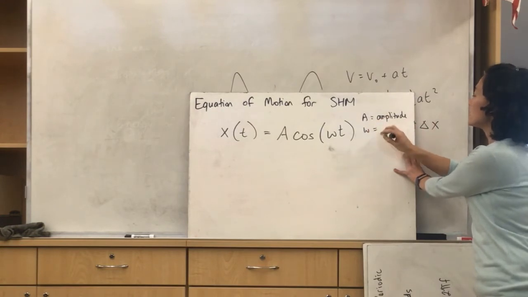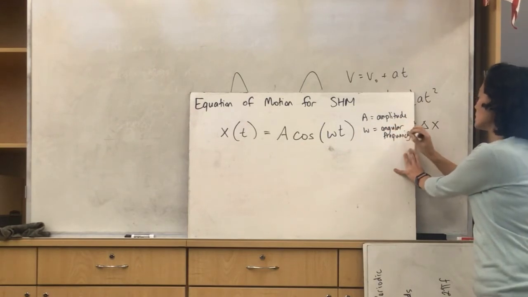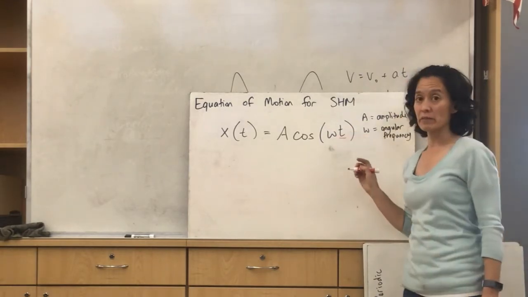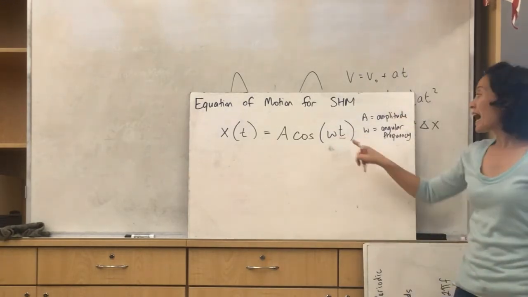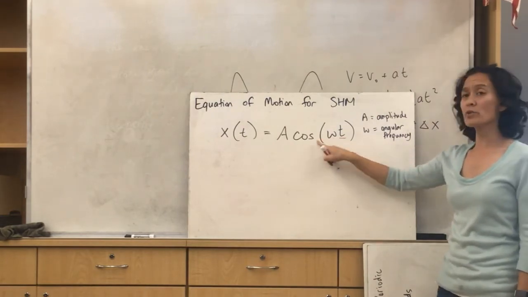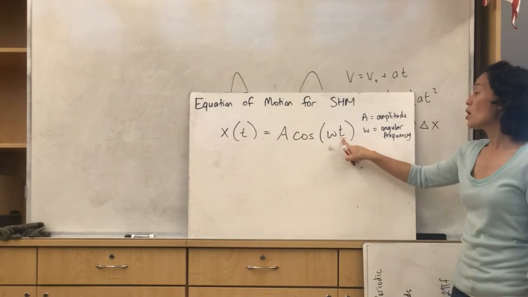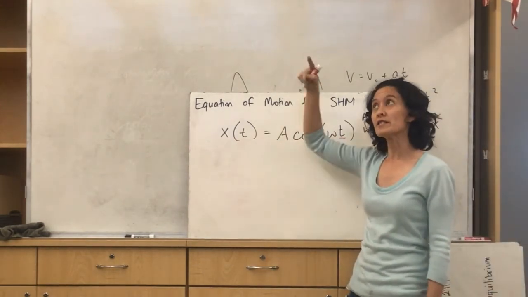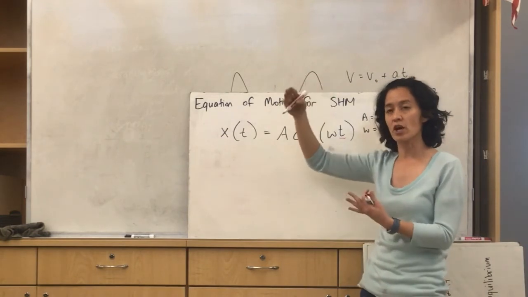Omega is my angular frequency. So what this is saying is, at a given point in time, if an object has an angular frequency of omega, I can take the cosine of omega times t, multiply it by the amplitude, and figure out where in space, where in position the object is.